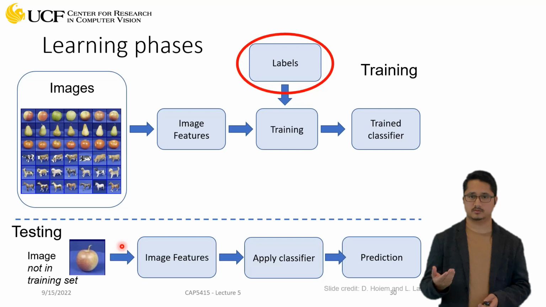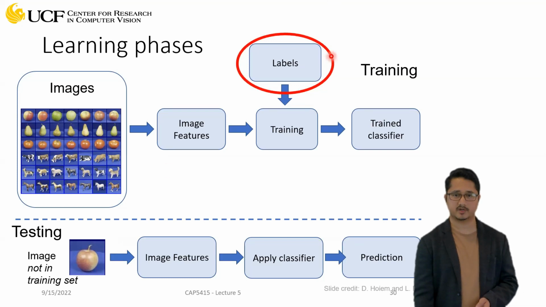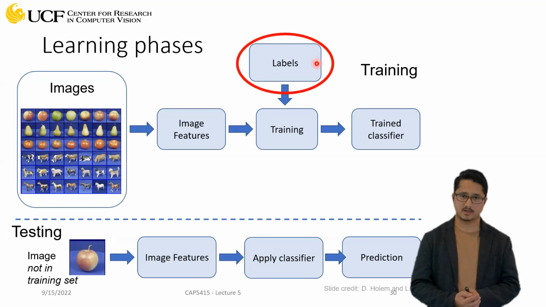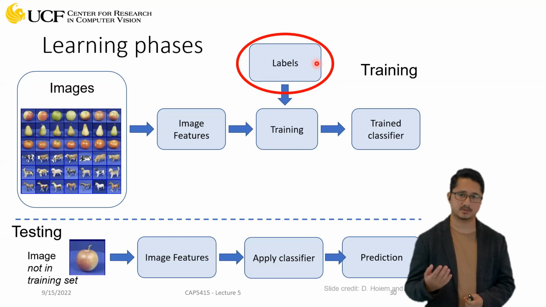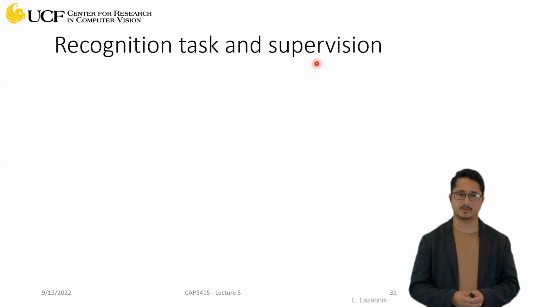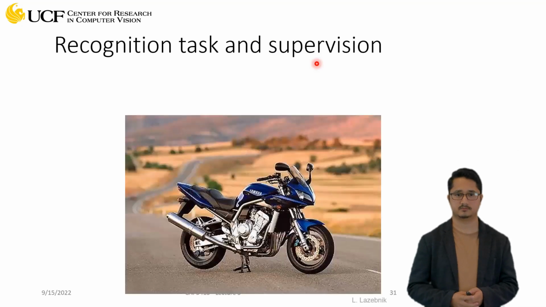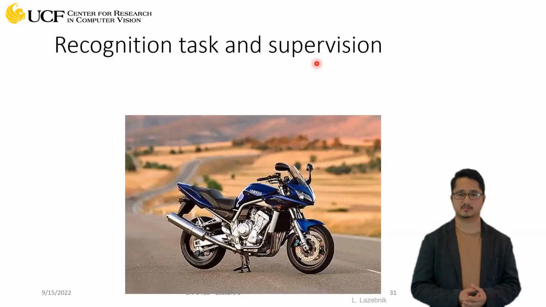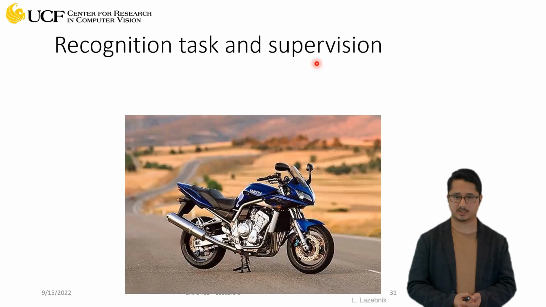All right. So as I said, you need labels to train your model. Now, again, to better understand what these labels mean, let's go a little deeper on that, because labels can vary depending upon what task you are trying to solve. Okay, let's take this example. For example, this is an image of a motorbike.